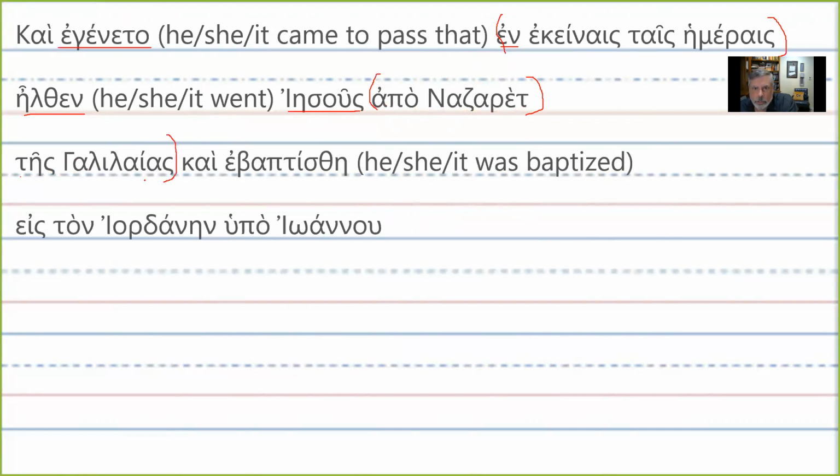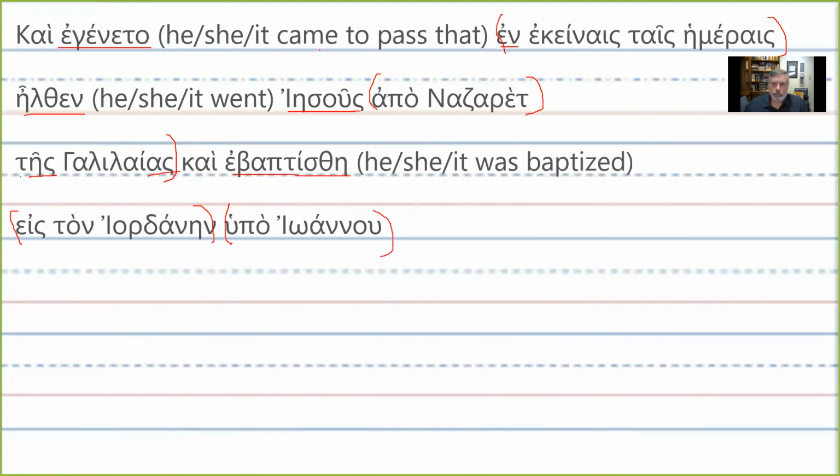It's in the genitive as well, tes Galilaias, which would be genitive feminine singular. And so this is going to be Jesus from Nazareth of Galilee. And there's another verb, he was baptized, and here I have another prepositional phrase right here, and then another one right here, and another one right here.